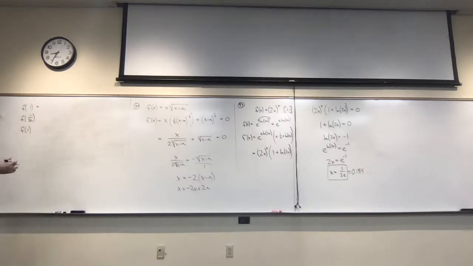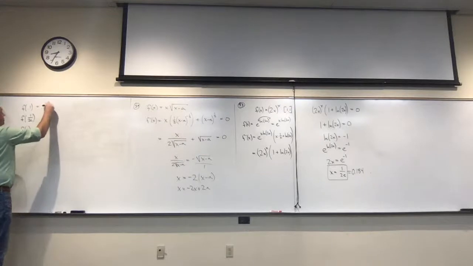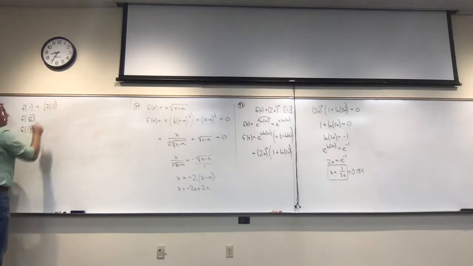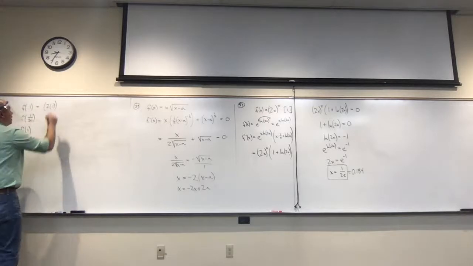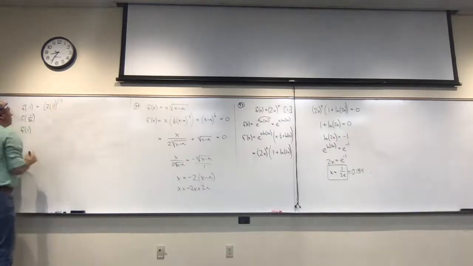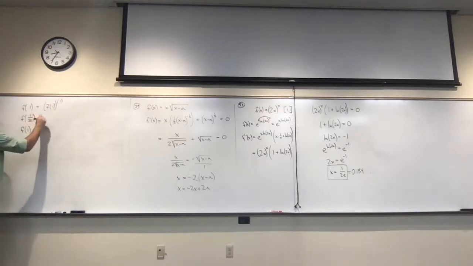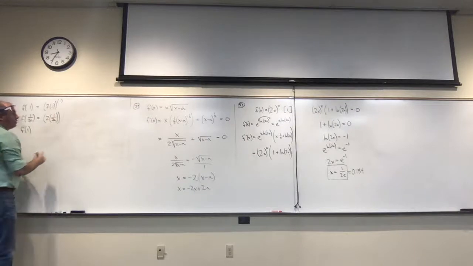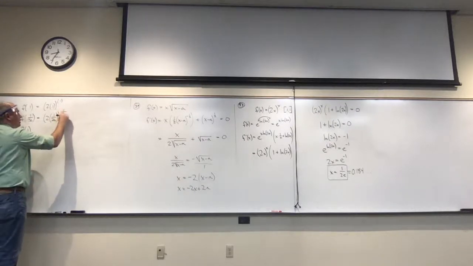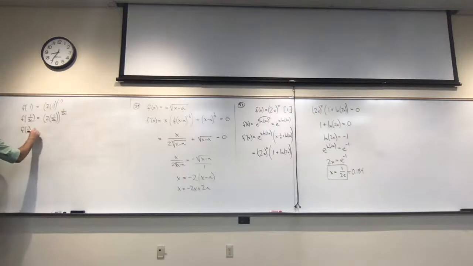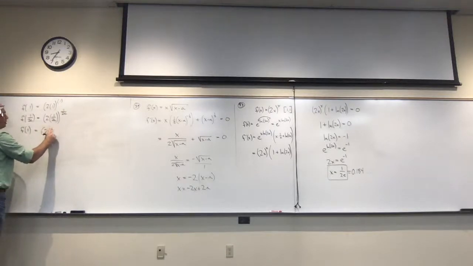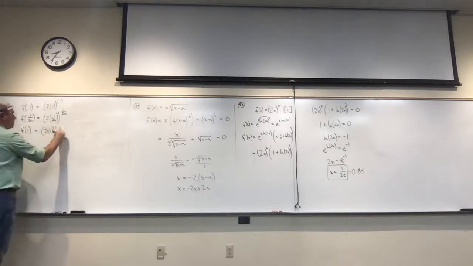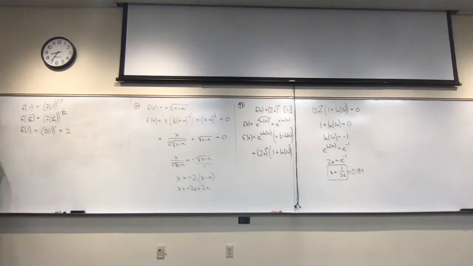So in this function, f of 0.1 is 2 times 0.1 to the power 0.1. This one would be 2 times 1 over 2e to the power 1 over 2e. And then finally I get 2 times 1 to the power 1. This one I can do, it's 2.